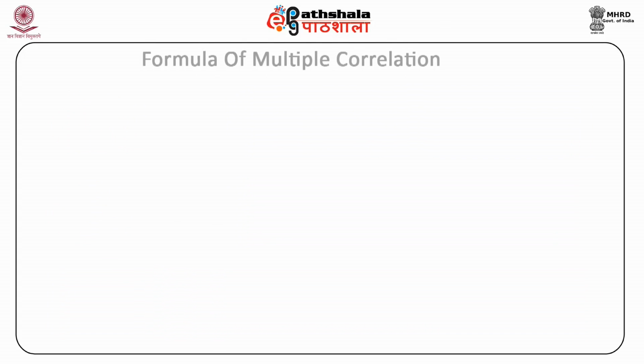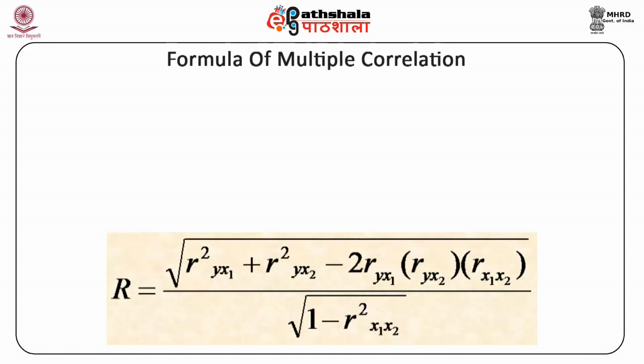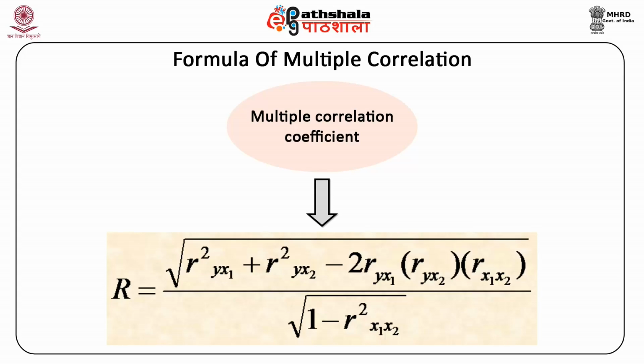The formula for two independent variables x1 and x2 is given by R is equal to the square root of R square yx1 plus R square yx2 minus 2 R yx1 into R yx2 into R x1x2, whole upon 1 minus R square x1x2, where R yx1, R yx2 and R x1x2 are correlation coefficients between the two variables, and R is the multiple correlation coefficient between the dependent variable y and the independent variables x1 and x2.